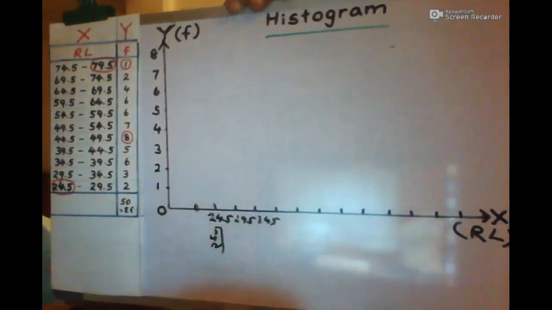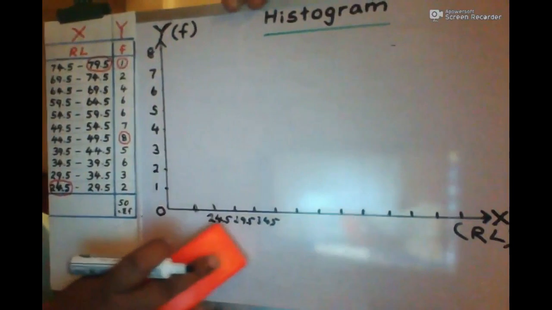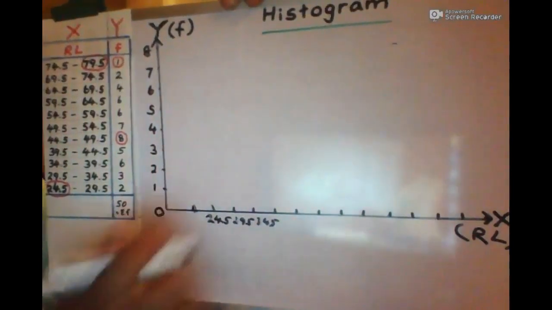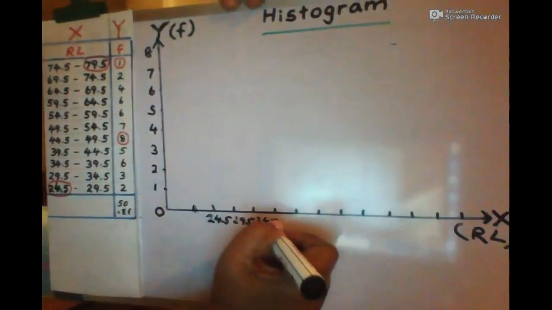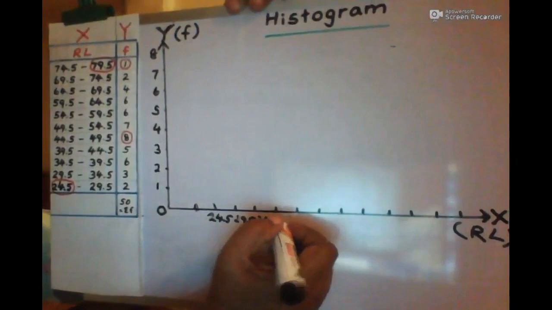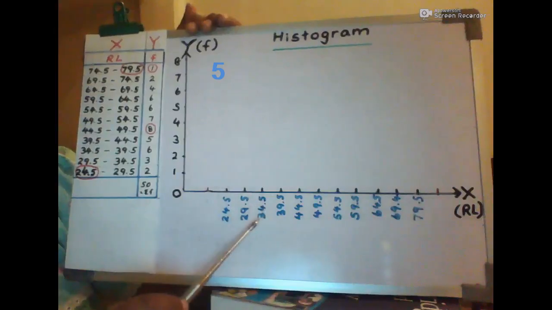24.5. It's not that clear, no? But when you are using the books, you can write like that. Then 34.5, right, it's 34.5.